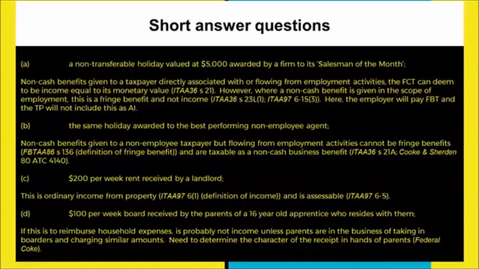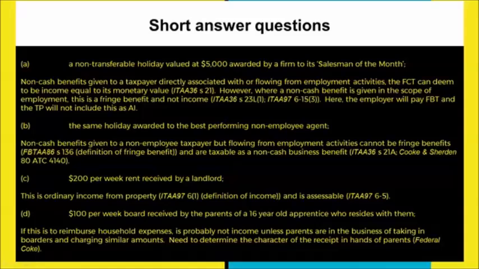Here, though, it's really simple. It's a fringe benefit, so the employee receives the benefit and does not pay tax on it. That's section 23 capital L sub 1, and the employer will pay fringe benefit tax. In other words, the amount the employer would have to pay here would be something like $9,000 because it's the gross up value.